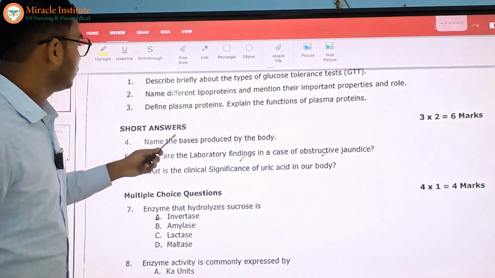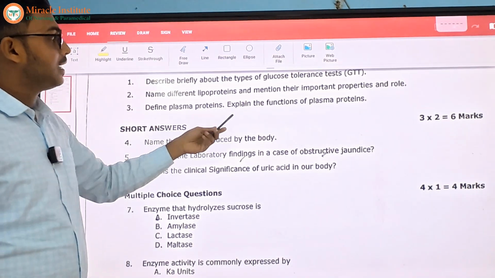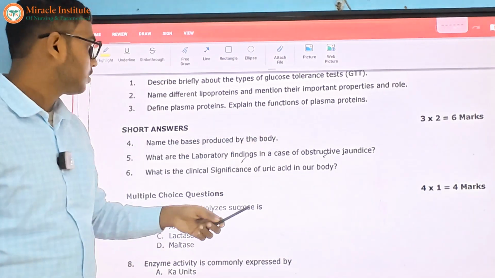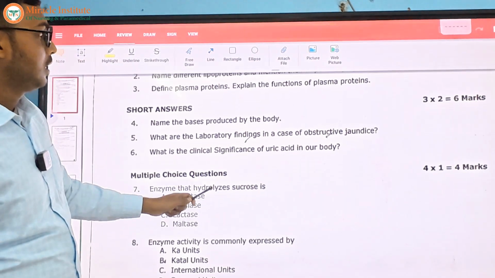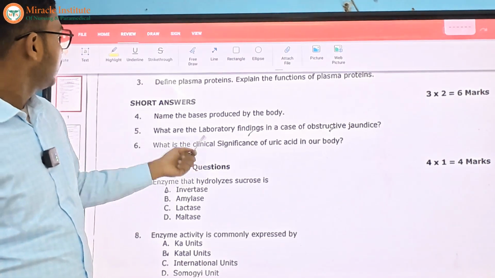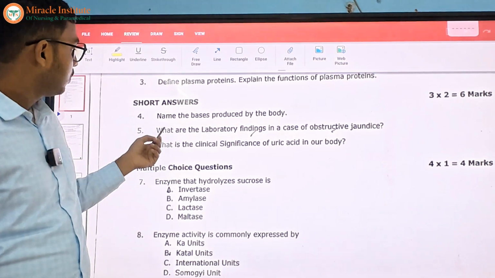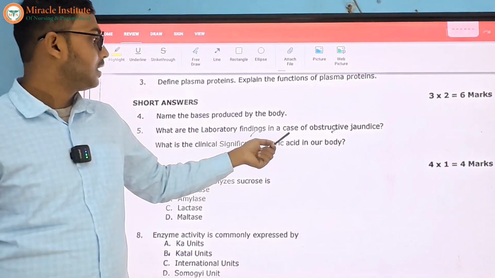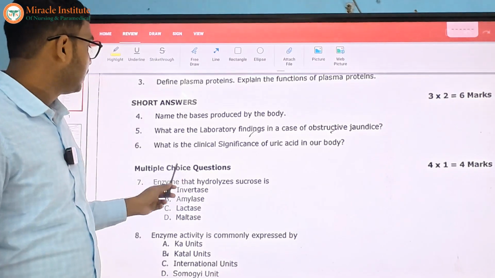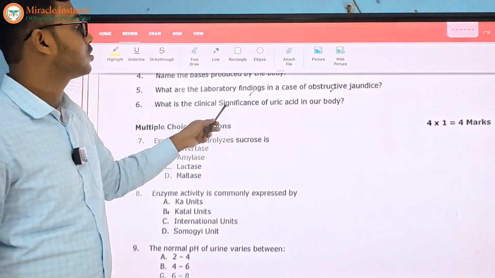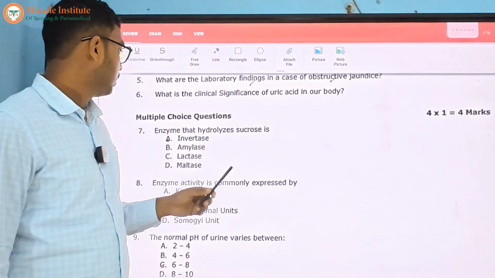Define plasma protein and explain the functions of plasma protein. Name the bases produced by the body. What are the laboratory findings in obstructive jaundice? What is the clinical significance of uric acid in our body?